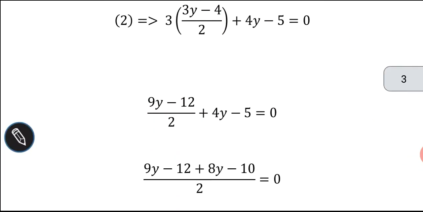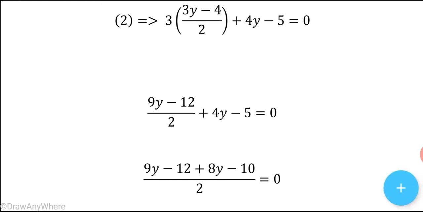Now taking the LCM: 9y minus 12, plus 2 into 4y which is 8y, and 2 into minus 5 which is minus 10, the whole divided by 2 is equal to 0.